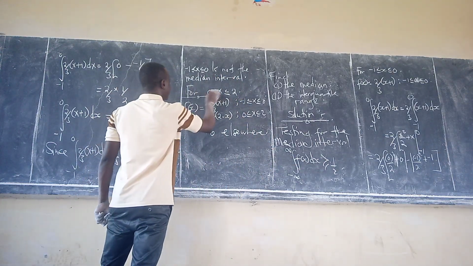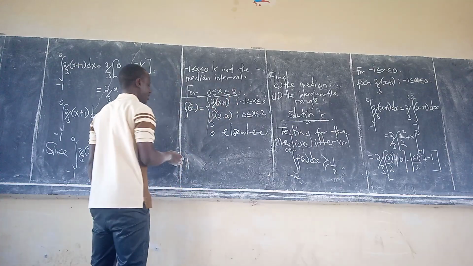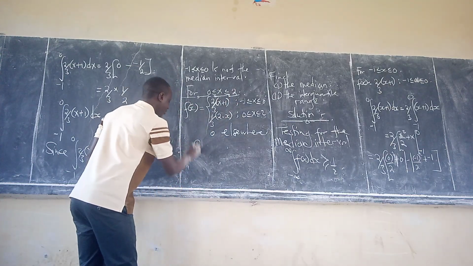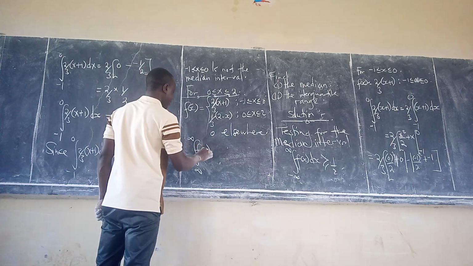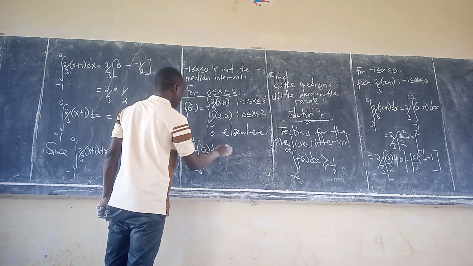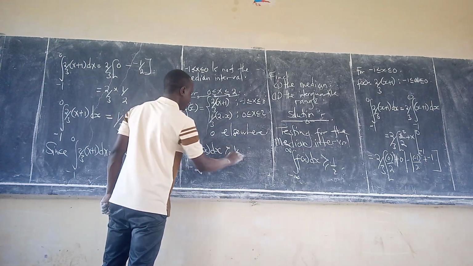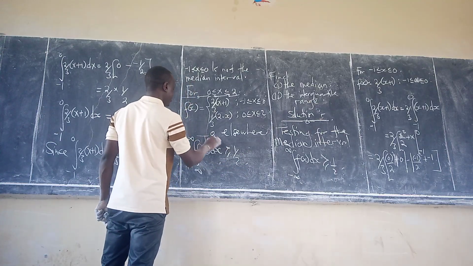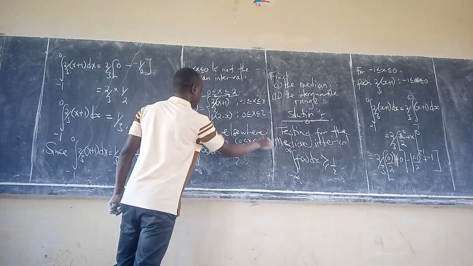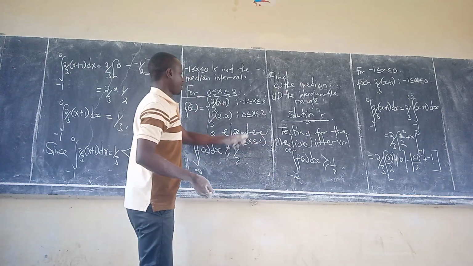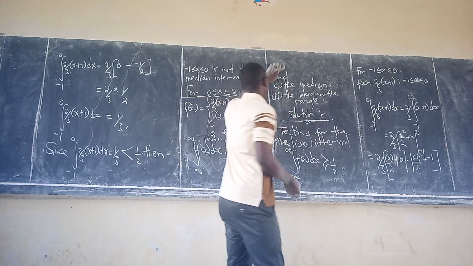So when testing for this interval, like we have said, the integral from negative infinity to positive infinity of f of x dx for the median interval should be at least a half. We are testing 0 less or equal to x, less or equal to 2. But we can't get here unless we pass through that.